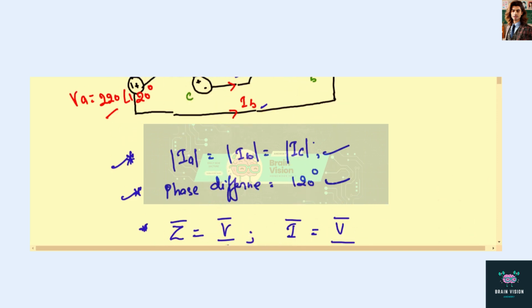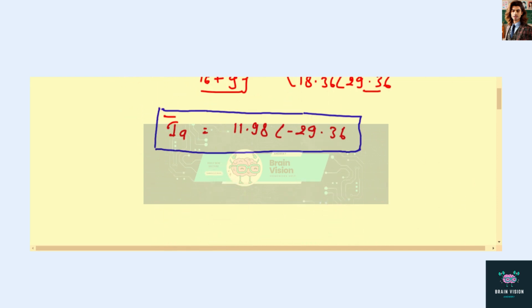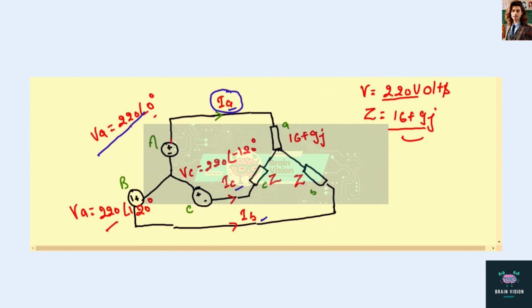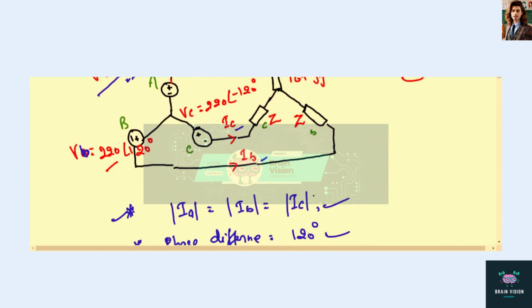So I also calculate the other line currents. IB will have the same magnitude, that is 11.98. How can you find the angle? As you can see, this is our VA and this is our VB, so VB is lagging from VA by 120 degrees. It means IB will lag IA by 120 degrees.